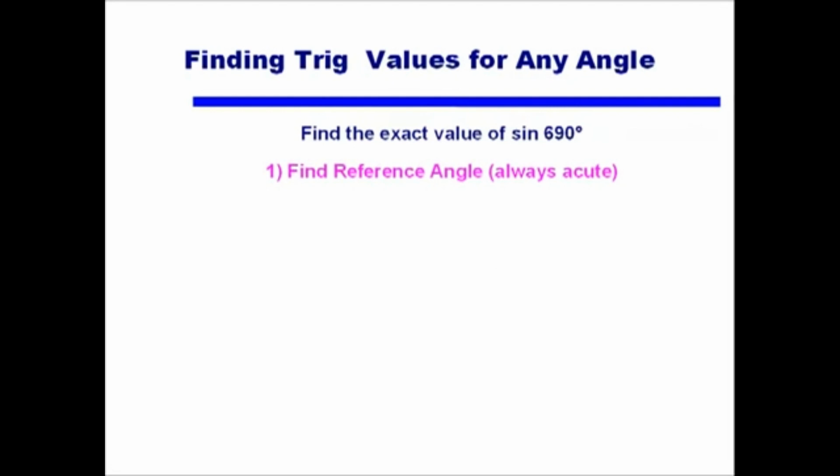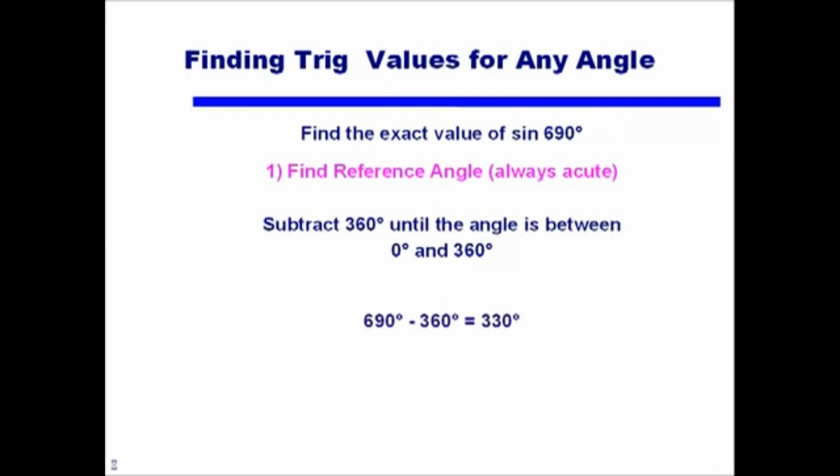And our final example, sine of 690 degrees. Again, our number is not between 0 and 360 degrees, and to take care of that this time, we're going to be subtracting 360 degrees. We added 360 when we had a negative angle, and because now our angle is greater than 360 degrees, we're going to subtract complete rotations until we have an angle between 0 and 360.